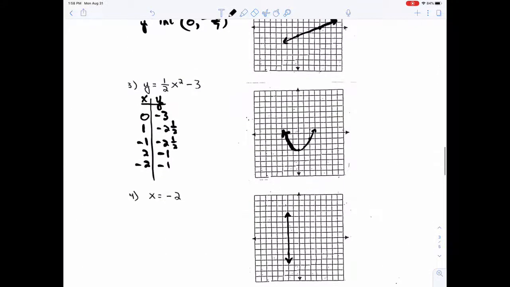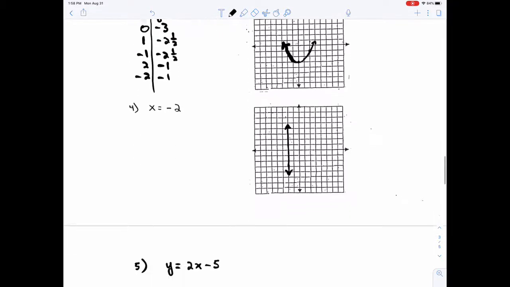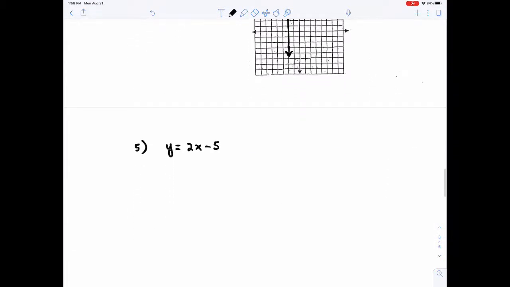It's not like number 3 up here, because in 3, yes, y is alone, but it's not a linear equation. So on number 5, you have y equals 2x minus 5. It's a linear equation, y is alone, so it's slope-intercept form, which tells us the slope and the y-intercept. The y-intercept is (0, -5). The slope is 2.